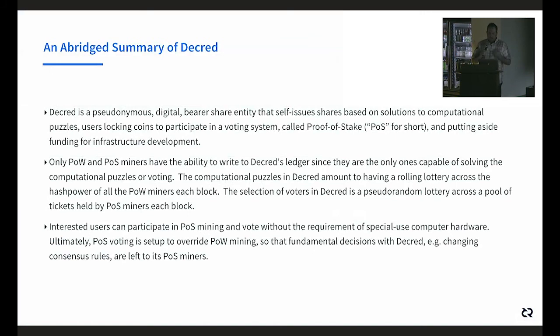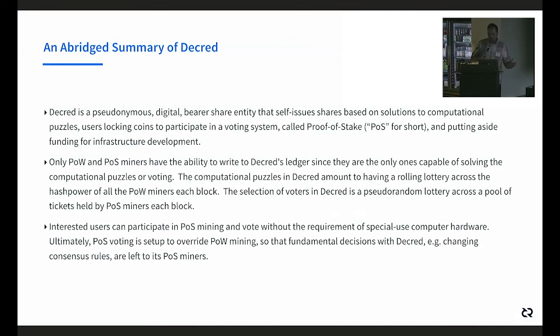And the idea here is to set up proof of stake as an override for proof of work. Proof of work is automated, but it has these problems, right? Where effectively the shareholders of a company don't really have say over what goes on in the company.